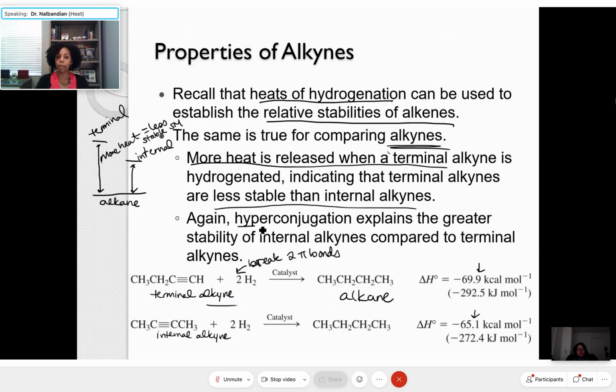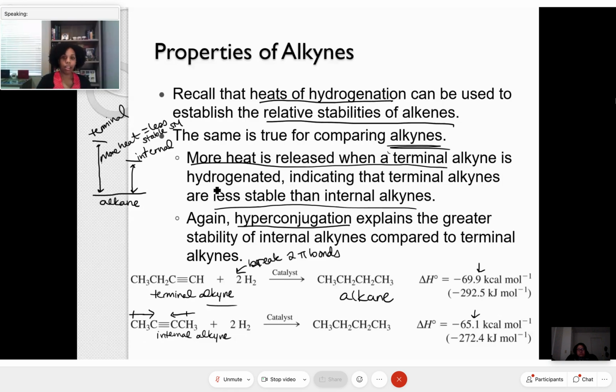Also, we can think about hyperconjugation. So internal alkyne, remember we have this that can donate in electron density. Here, this methyl, and then we have another methyl that can donate in electron density based on hyperconjugation. And so more alkyl groups, more stable.